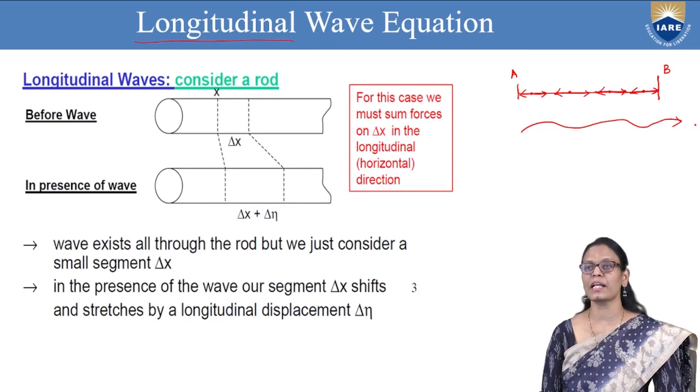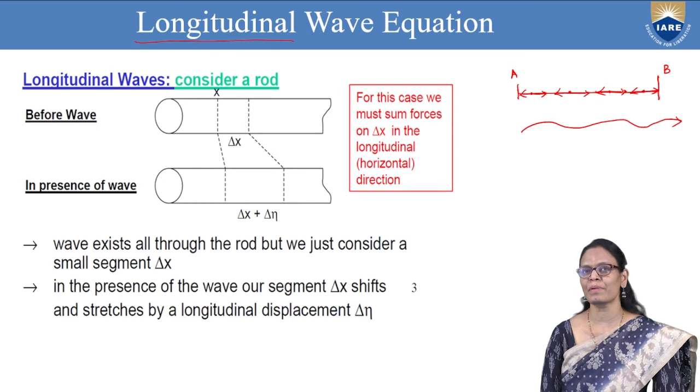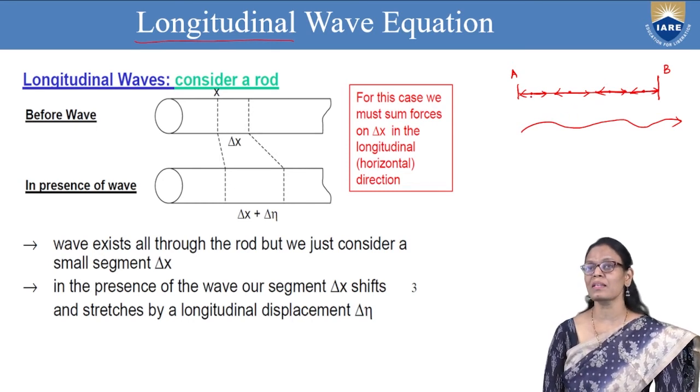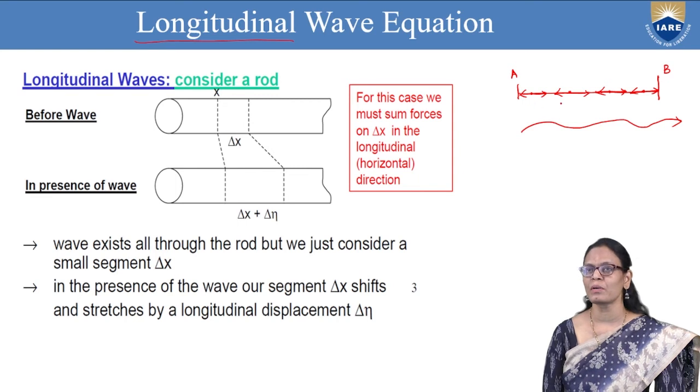So if this is the direction of the wave, this is how the particles are vibrating. Again, what we need to understand is that the particles are not moving from their place. They are not displaced. They are only vibrating about the mean position.